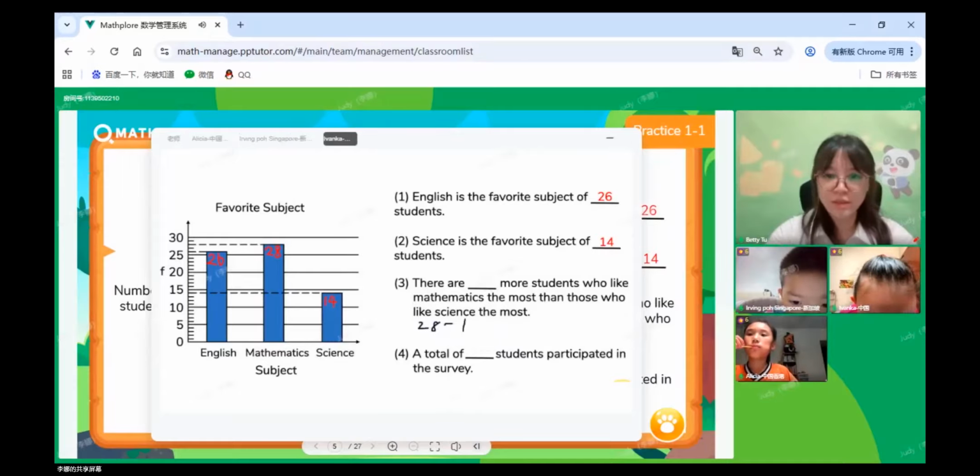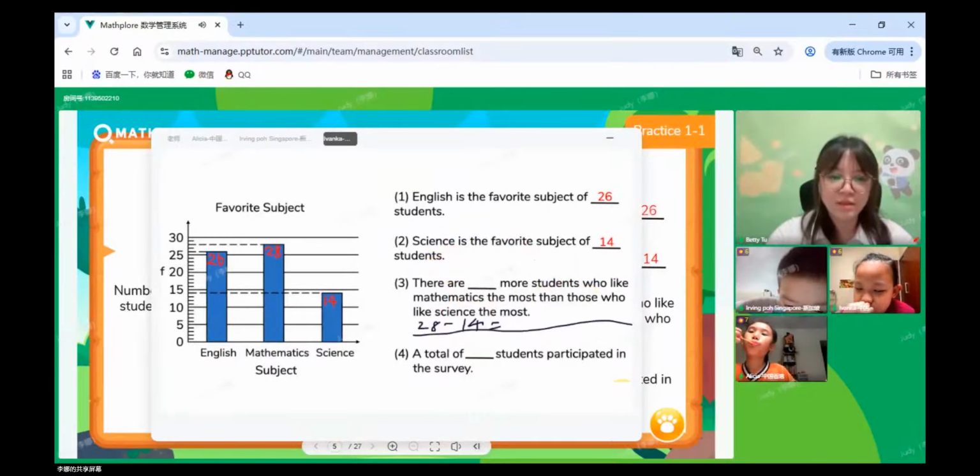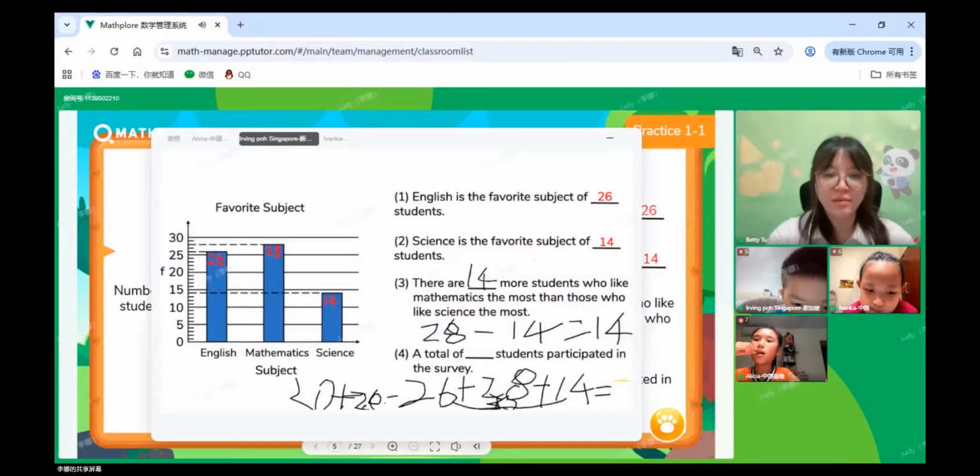Alicia, good, quick. Irvin, almost there. 14, good. All right, and the second question: a total of how many students participated in this survey? 48.